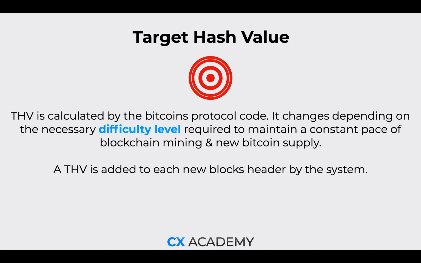Okay, taking into consideration the halving events and the 210,000 blocks or 4-year time constraint. Okay, so a THV is added to each block's new header by the system. Okay, so the network itself will decide the block's THV. Okay, so no one in particular is deciding this. It's all done by the algorithm.